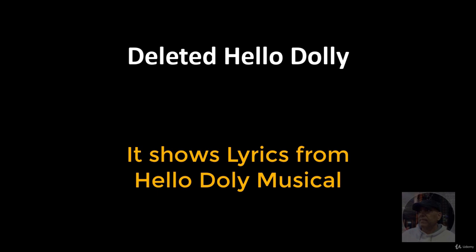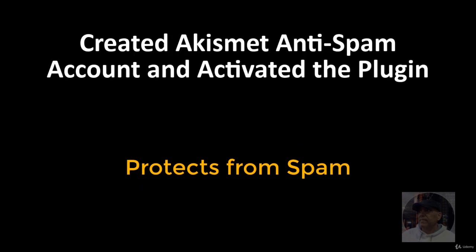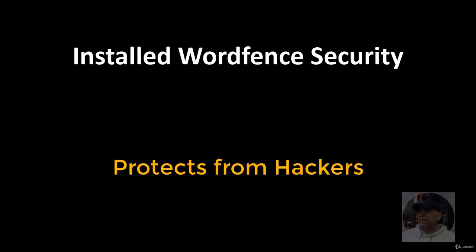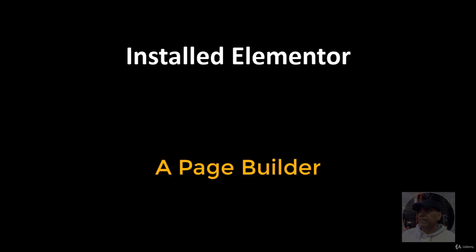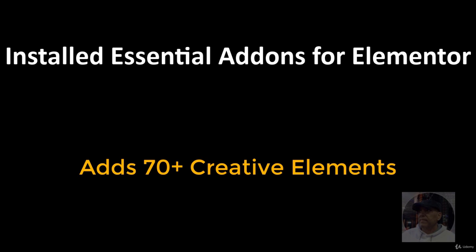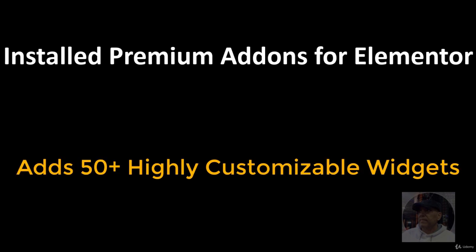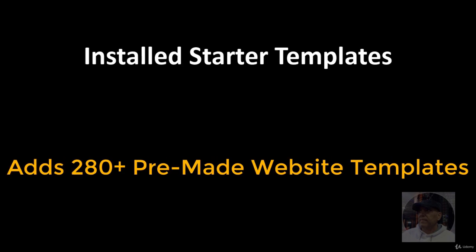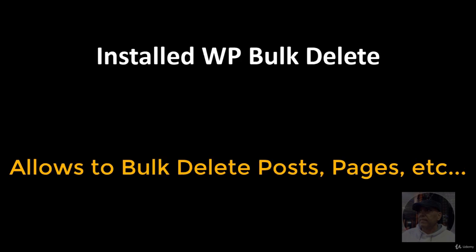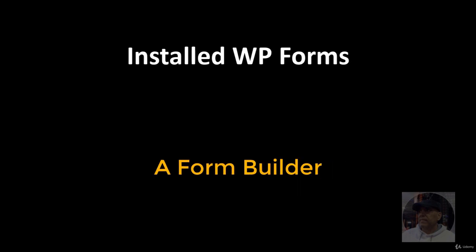So let's recap. We first deleted Hello Dolly plugin. We then created Akismet account and activated the plugin. We then installed Wordfence security, installed Elementor, Essential Addons for Elementor, Premium Addons for Elementor, the Starter Templates. We then installed WP Bulk Delete. We installed WPForms.